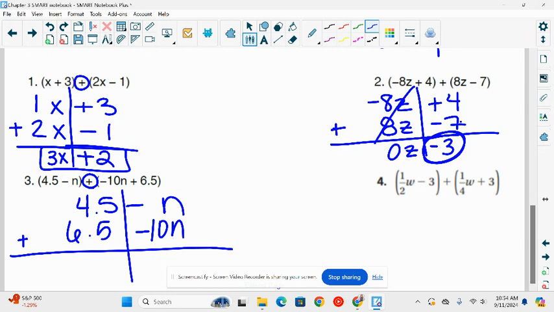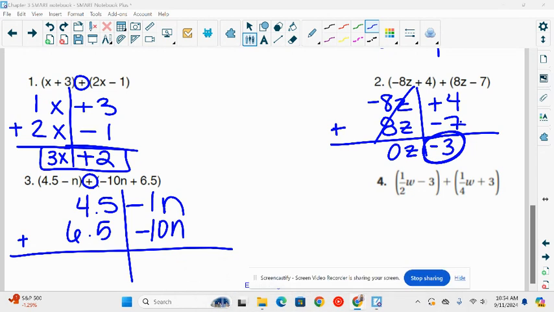Put a 1 in front of that N. So I've got negative 1 plus negative 10, which is going to give me negative 11N. Don't forget your N. Then you calculate to figure out what 4.5 plus 6.5 is. 11.